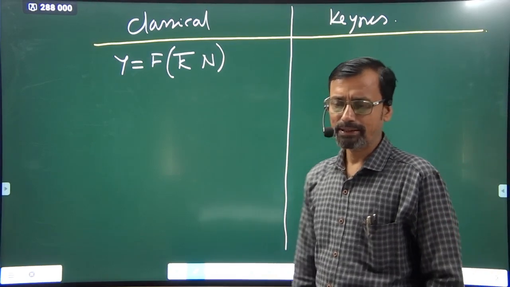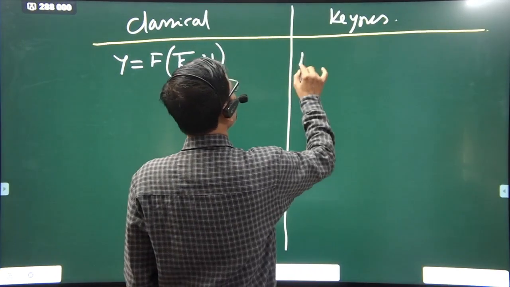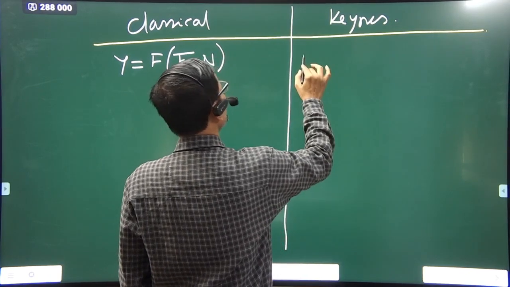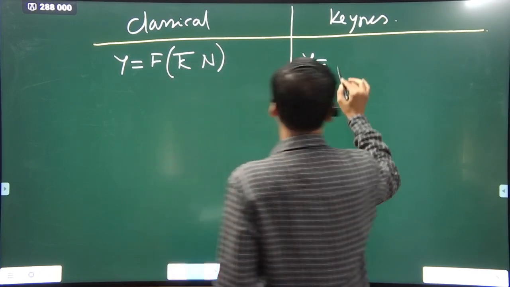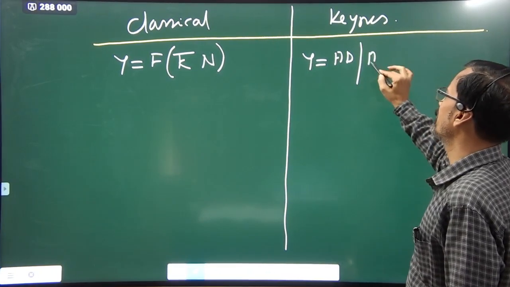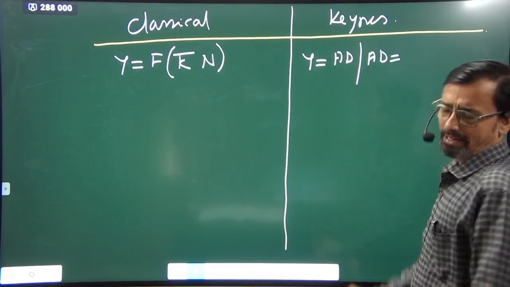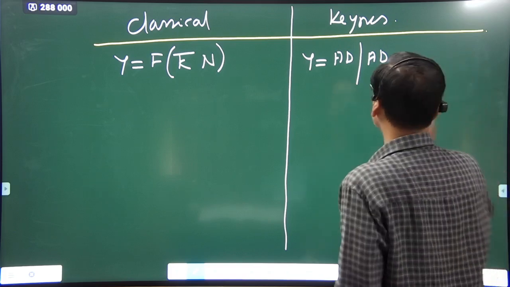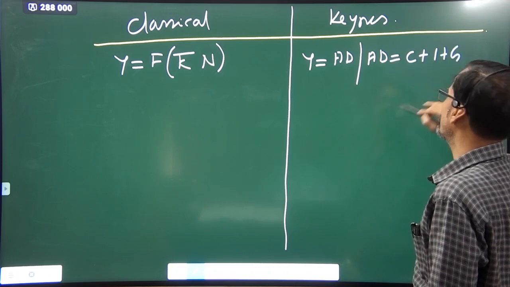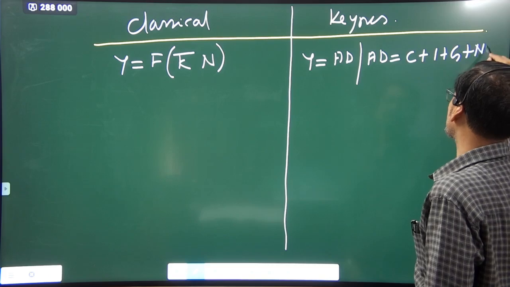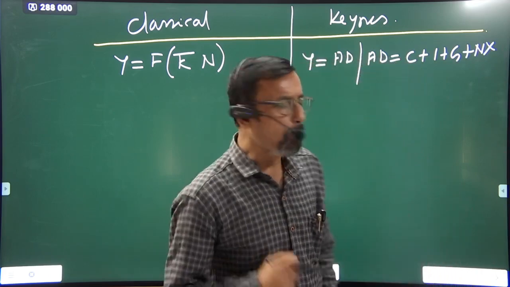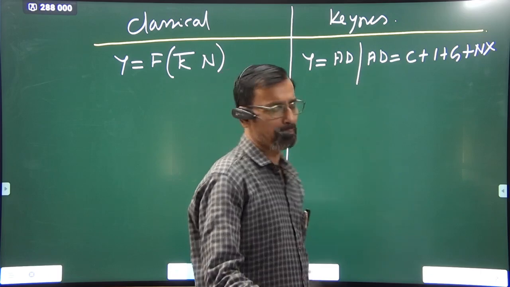On the contrary, Keynes said that aggregate income, or national income, is equal to aggregate demand. So what is aggregate demand? Aggregate demand has many components, such as consumption expenditure, investment expenditure, government expenditure, as well as net exports. All of these components can boost aggregate demand.